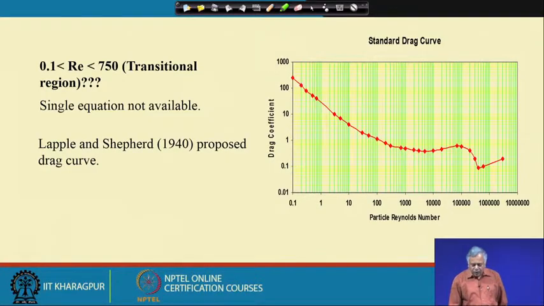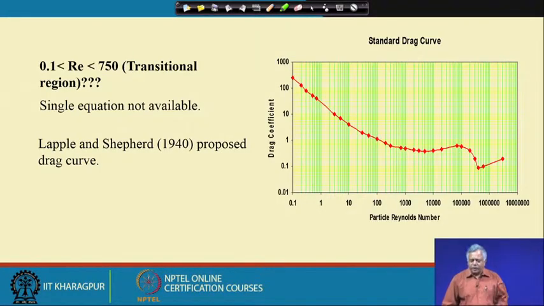Now, many attempts were made after that to propose a single equation to predict this standard drag curve, but because of the typical shape of this curve, there is no single equation available which can predict it perfectly.